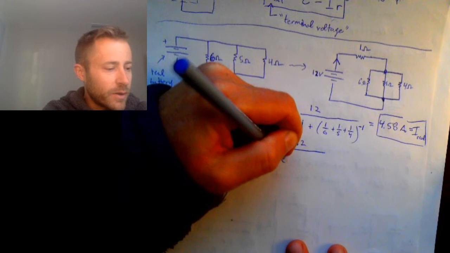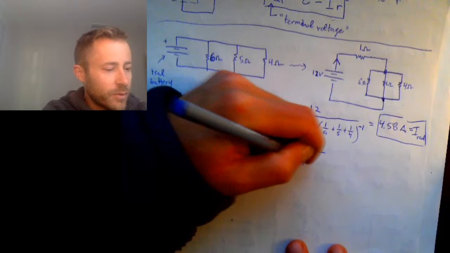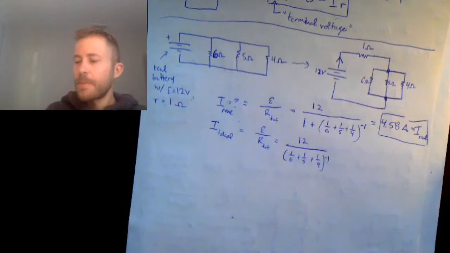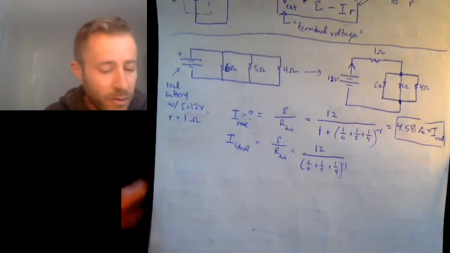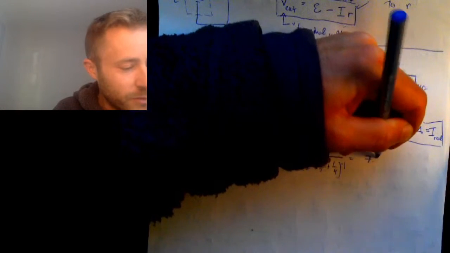I just have 1 over 6 plus 1 over 5 plus 1 over 4, to the negative 1. So if we neglected the internal resistance of the battery, we would have gotten 7.4 amps.